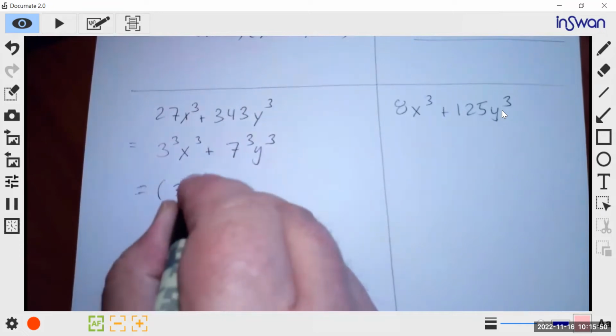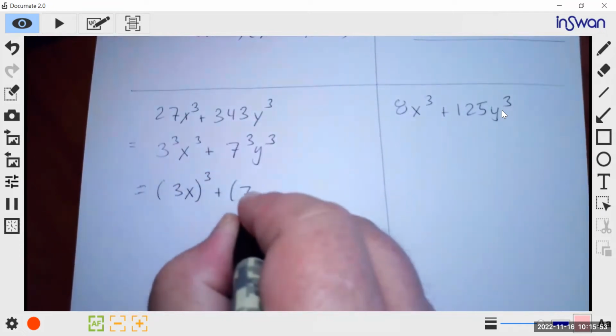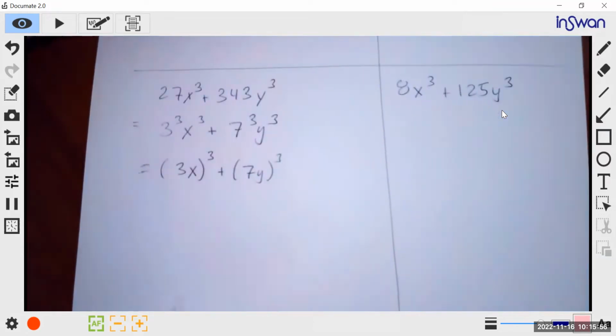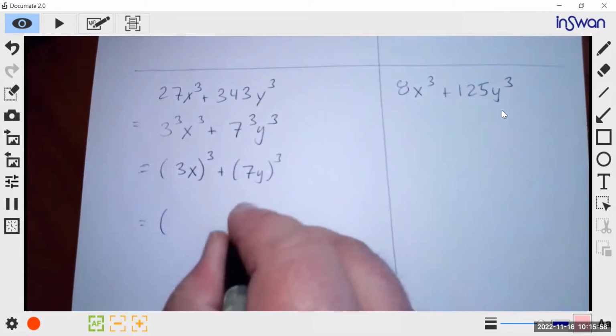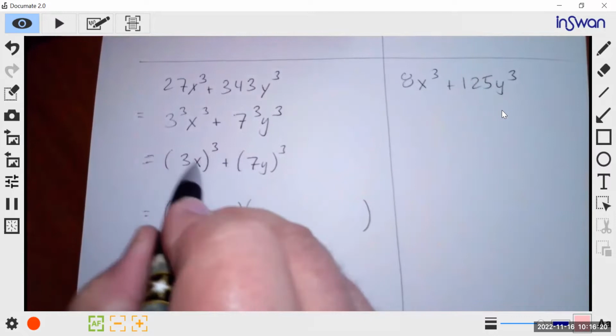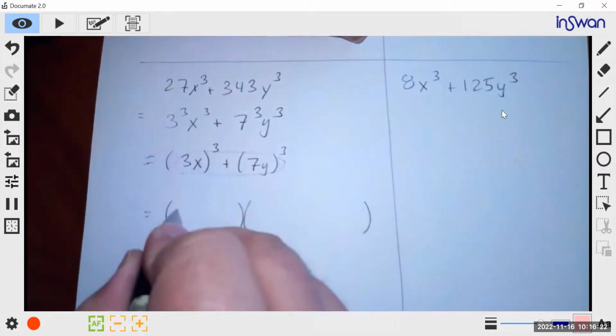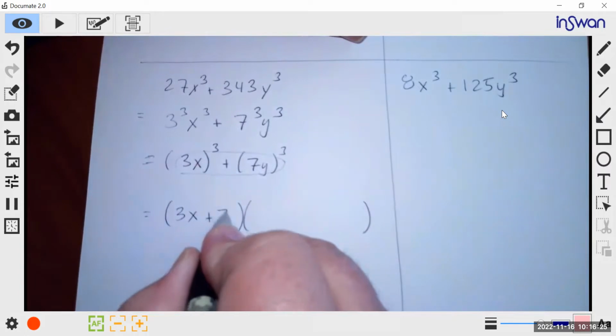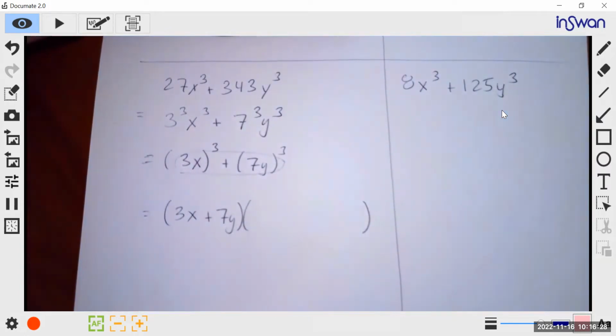So we have 3x cubed, 7y cubed. Whatever's under the cubes goes in the first parenthesis, 3x plus 7y.